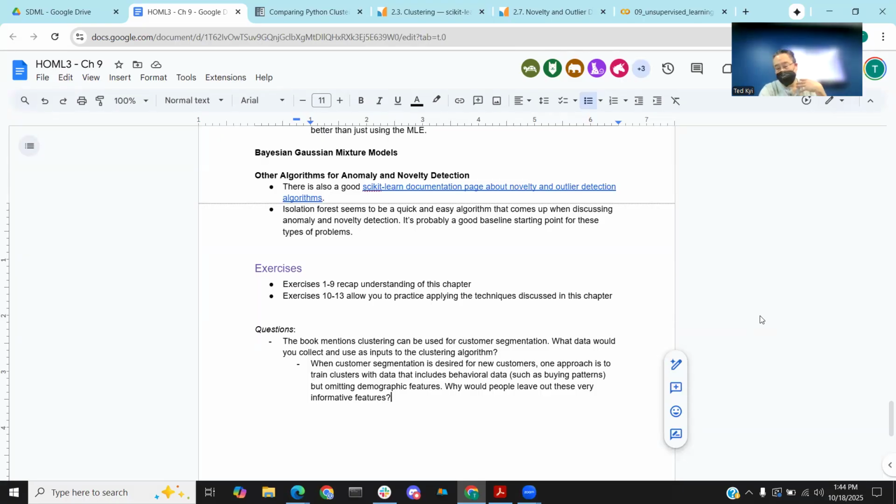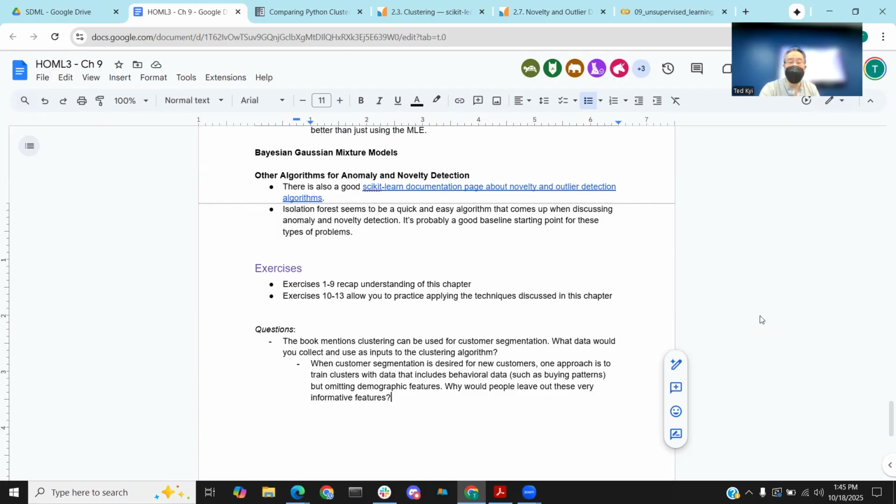So I'll tell you what I was thinking about when I wrote this question. I said this is a customer segmentation model for new customers. So if somebody's a brand new customer, do you have any purchasing behavior for this customer yet? Possibly not. Maybe you have one purchase because they're a new customer, but you don't necessarily have a pattern yet.